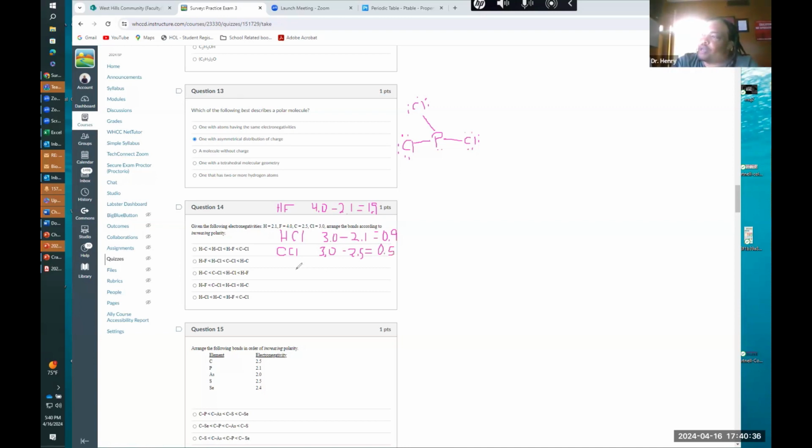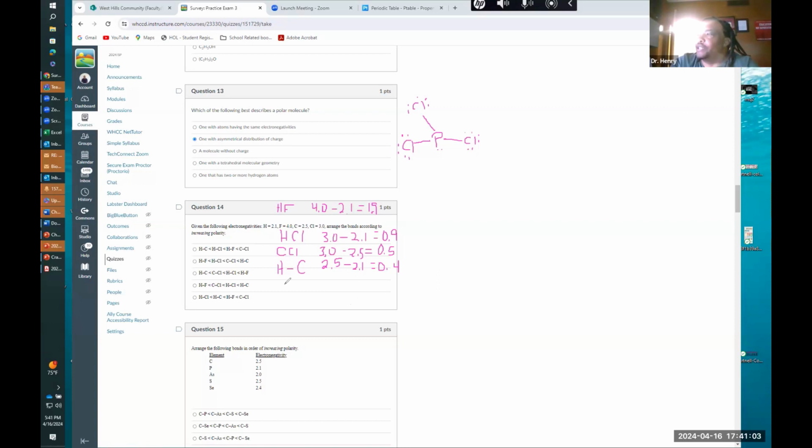And then what was the other one? Hydrogen and carbon, right? So we have 2.5 minus 2.1, that's 0.4.